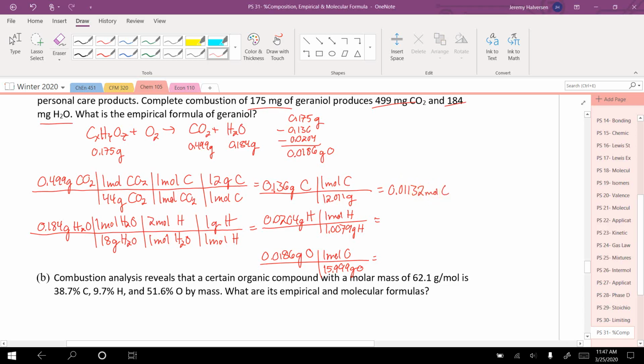Many moles of carbon, this many moles of hydrogen, this many moles of oxygen. Now I'm going to divide by the smallest, which in this case is the oxygen.